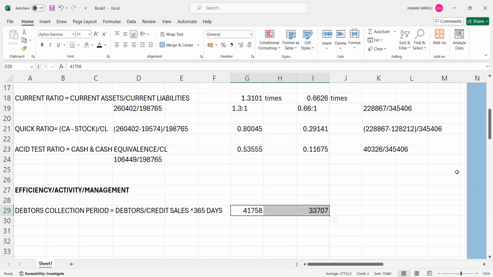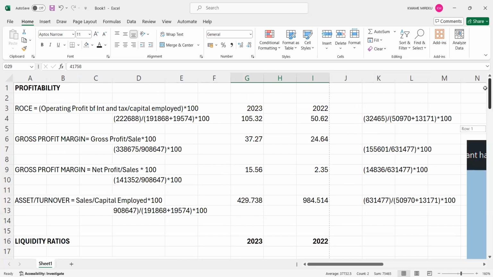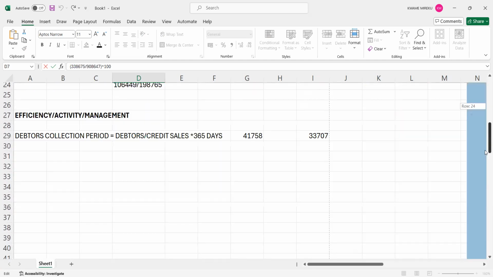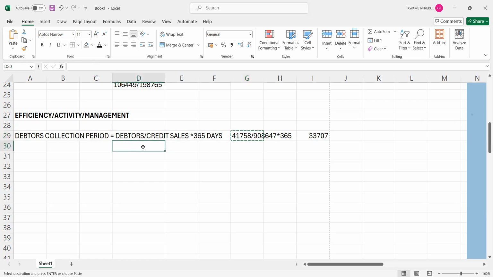Then can we get our sales figure? I think the sales figure came up somewhere. Yeah, we got it with the profit margin. So our sales figure is here. I can easily bring them in. When you work it out, some of the figures you might not need to consult the question again, I have some of the figures already here, times 365. So I'll copy it just here for revision's sake.